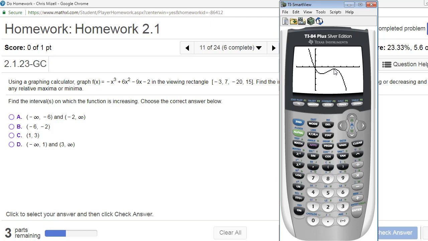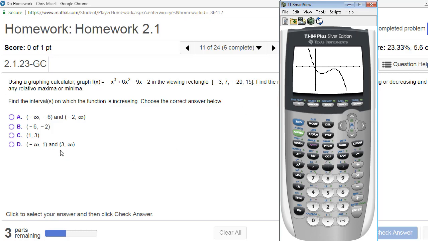Based on that, find the intervals on which the function is increasing. There's just one interval where I see this function increasing. It looks like it's decreasing all the way from negative infinity, and it gets to x equals 1 and stops decreasing and starts increasing.